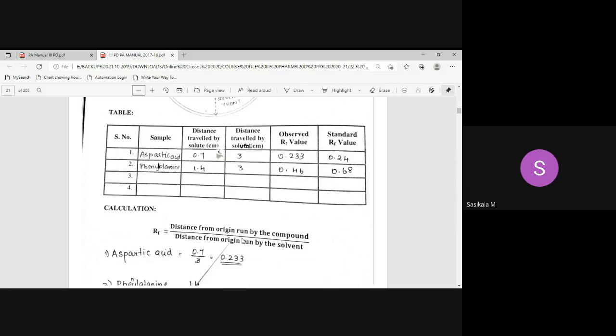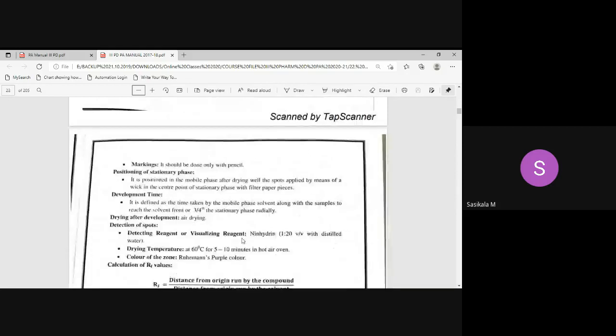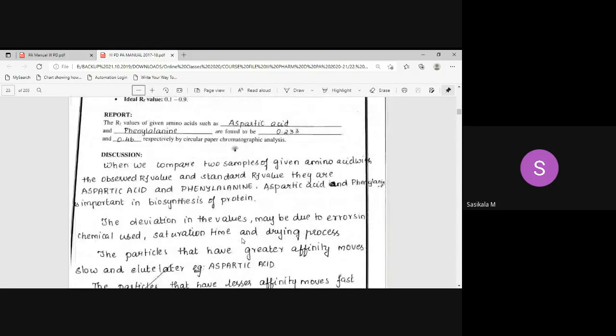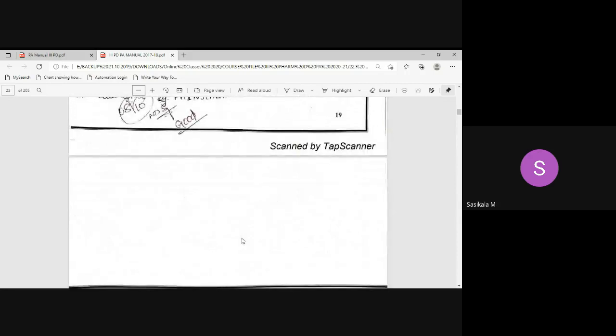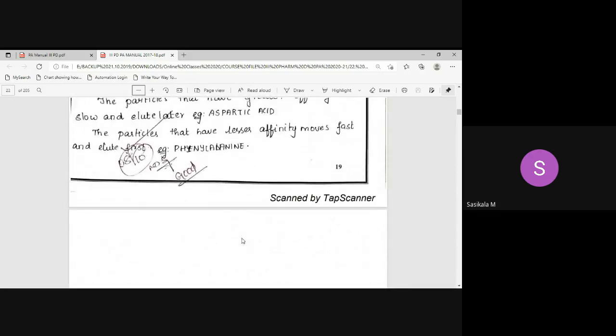So according to the closest standard value, just make the observed value closest to this, so you alter only the solute distance, not the solvent distance. It is kept constant. Do the calculations like this and write it, and write the discussion also, like what you have written for ascending paper chromatography.